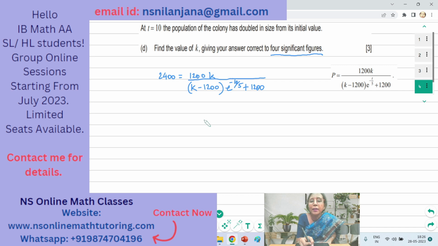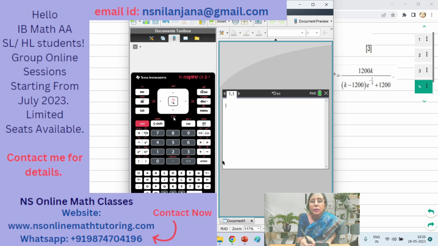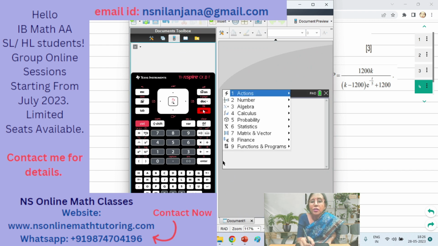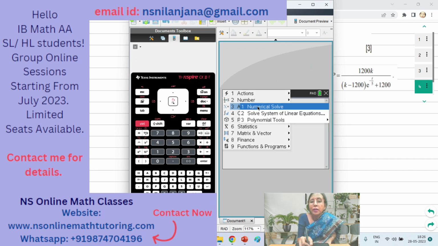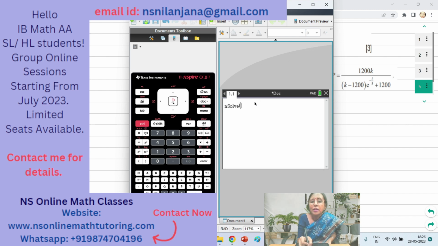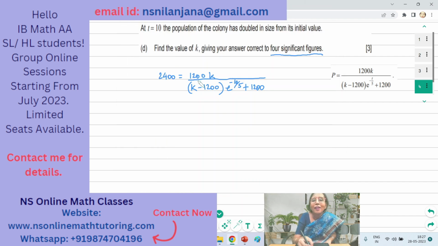Of course, we have the calculator. Fine, so let us use the calculator. We start with 2400. We will be using the INSOLVE algebra numerical solve. It is 2400 equal to, and then there is this fraction.